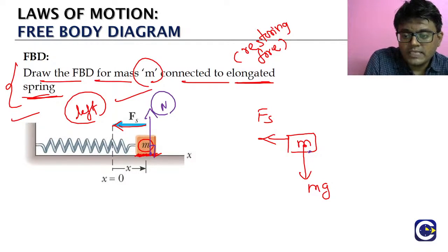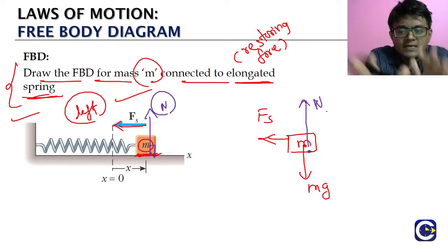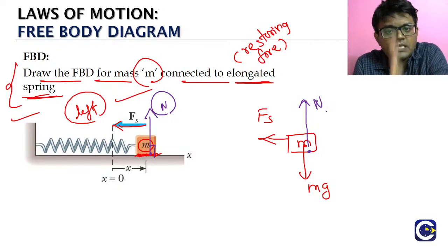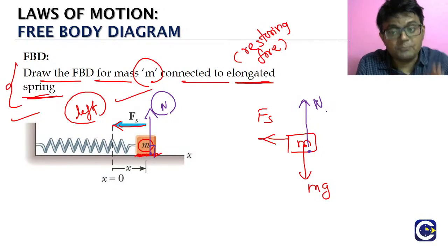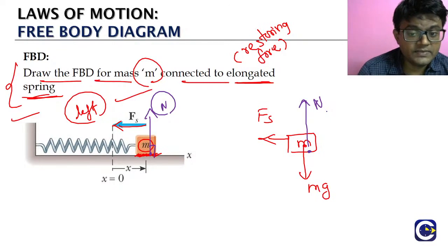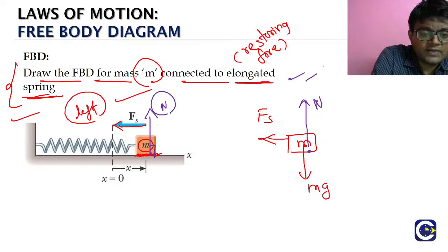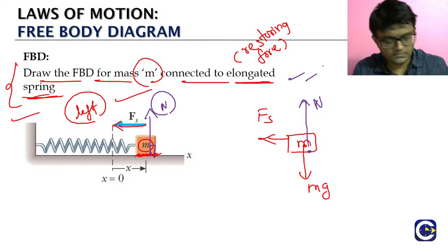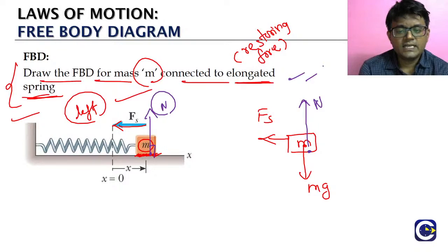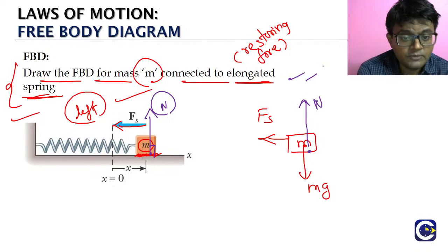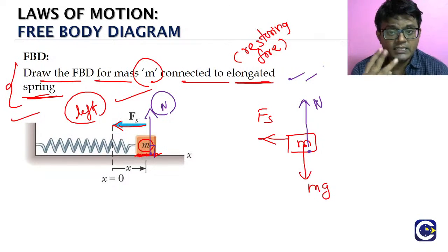So there will be a normal reaction force. As per the diagram, the normal reaction is coming vertically upwards. This is the free body diagram for the block of mass m. How many forces does the block of mass m have? Three forces.